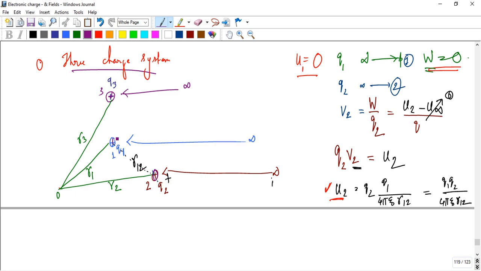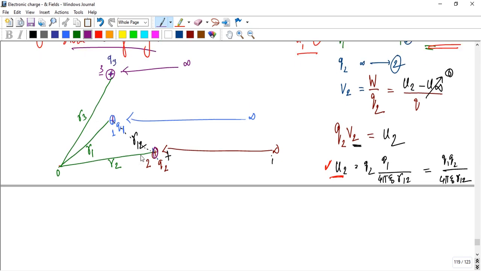So Q1 produces an electric field. If Q1 produces an electric field, here is a potential due to Q1 and a potential due to Q2 obviously. So there are two works done. Two works are needed when Q3 is brought from infinity to point 3. First, work is needed against the repulsive force due to Q1, and another against the repulsive force of Q2.